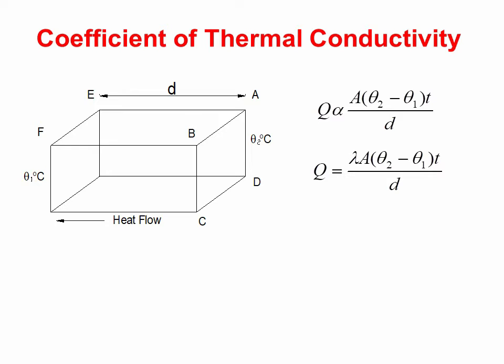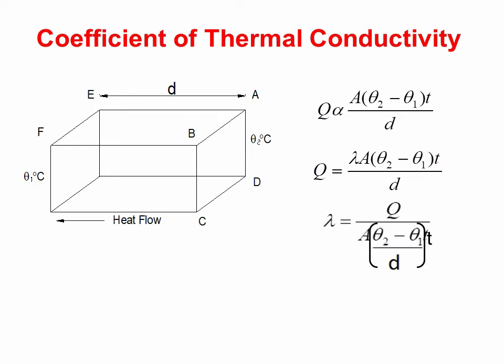So Q is equal to lambda A (theta 2 minus theta 1) by d into T. From that equation, we get the lambda value as Q by A (theta 2 minus theta 1) by d into T. From this formula, we can define the coefficient of thermal conductivity, because here lambda is the coefficient of thermal conductivity, Q is the heat energy, A is the area of cross section, T is the time.